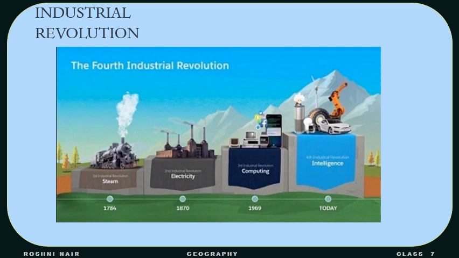And today, and that is more important for you to understand because geography is more about understanding and the application of the same, we are seeing the fourth industrial revolution in the field of intelligence. Computing is over. Now the fourth one is in the field of intelligence.